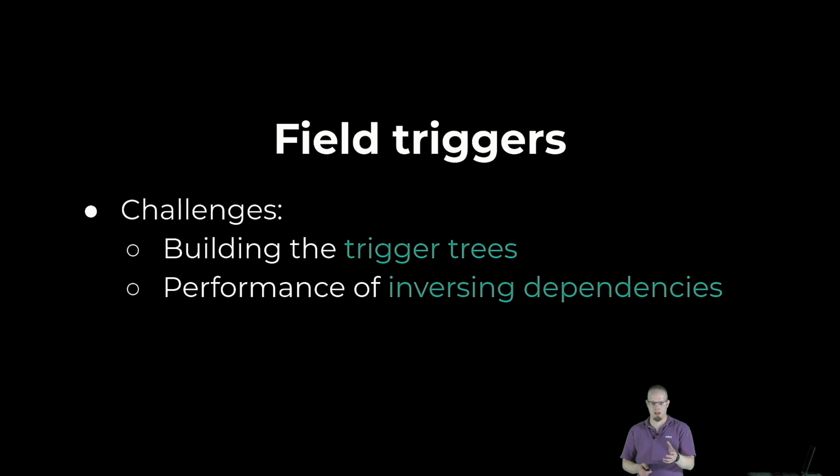So the challenge, of course, here is to build these trees of triggers. The triggers essentially reflect the transitive closure of field dependencies. So you take all the dependencies of the field and the dependencies of those dependencies until you've reached everything.